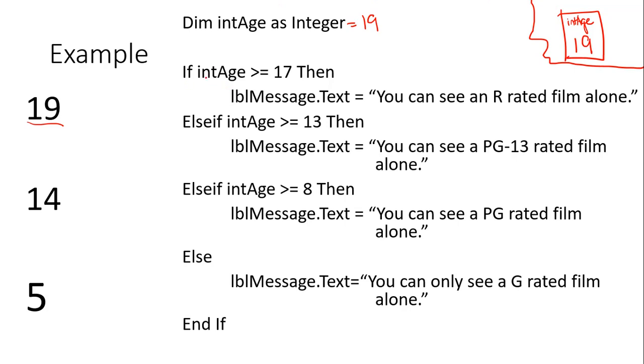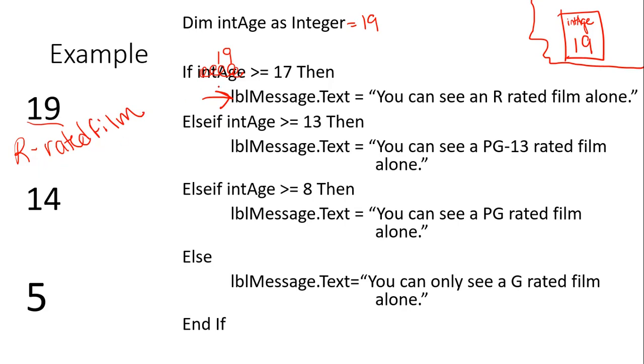So let's check. If int age, again, we said is 19, and we're going to check, is 19 greater than or equal to 17? Well, it is, right? 19 is definitely greater than or equal to 17. So since that's true, we will display that they can see an R-rated film alone.